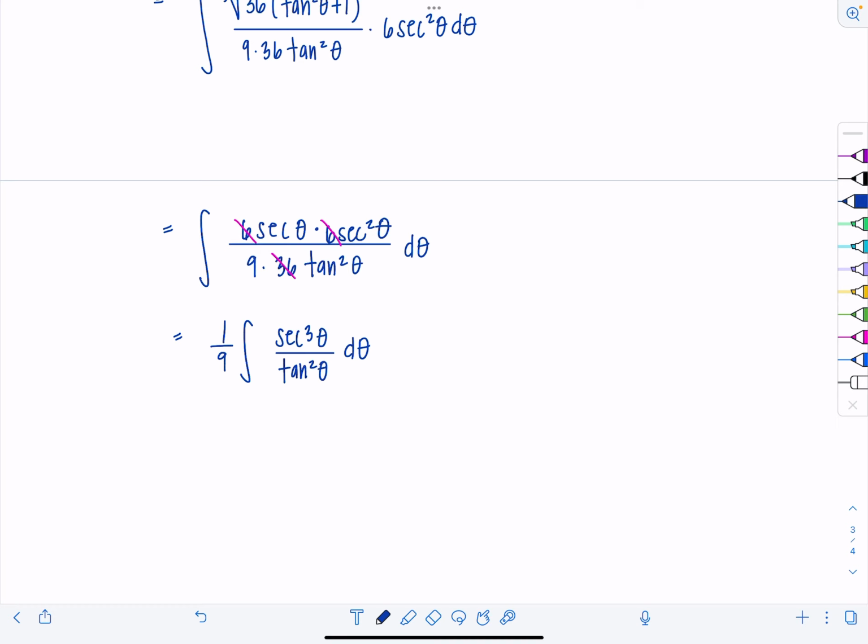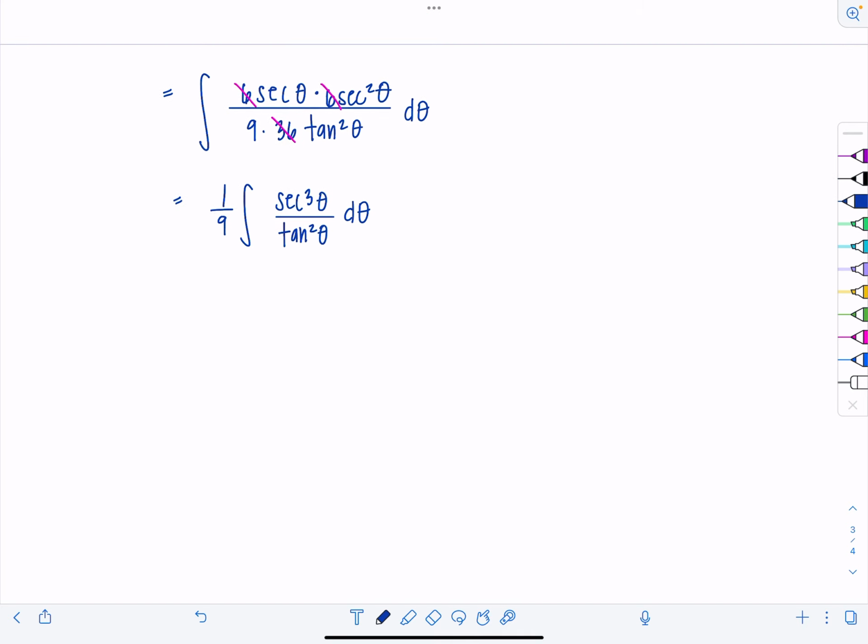So you can't let u equal tangent theta, no, because du would be secant squared theta d theta, and then you've got an extra secant that you're stuck with. So when you're at this standstill, you can't figure out what to do, my recommendation is rewrite everything using sines and cosines, all right? And see if maybe you can clean things up and then proceed from there. So that's what we're going to do.